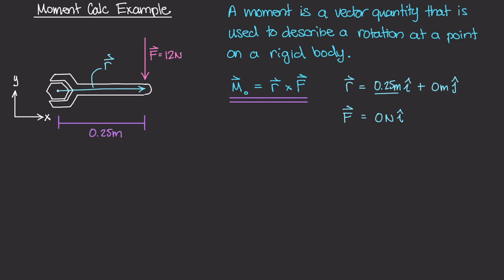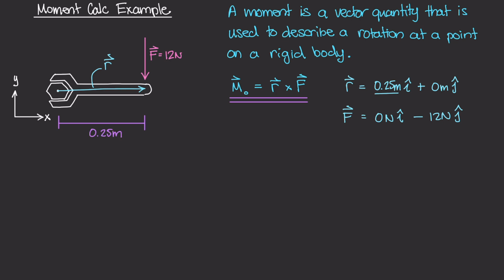Now, to that, we want to add the y component of F. And you can see that if F is acting straight down, it is indeed acting along the y-axis. But because the y-axis is going up and this force vector is going down, we know that the y component is negative, right? It's going against the positive y direction. So that tells me that the y component is going to be negative 12 newtons in the j direction.